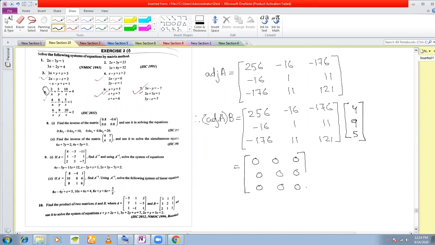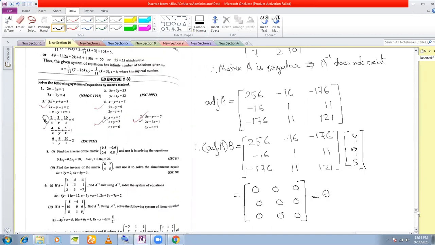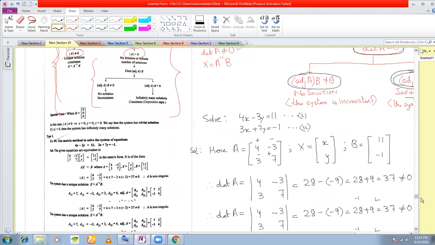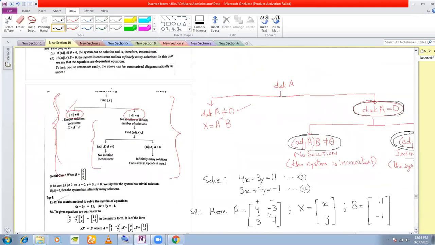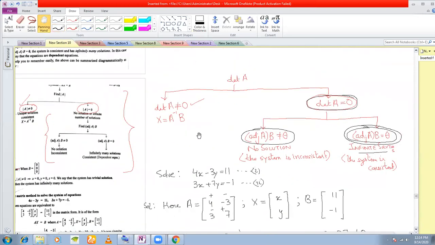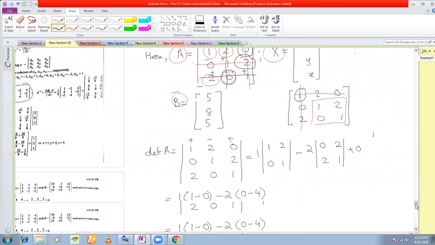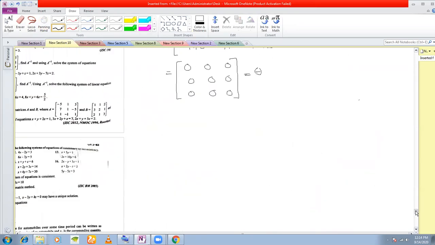So again we are back to that chart. We're getting adjoint of A into B is equal to 0. Adjoint of A into B, if it is equal to 0, then we say that the system has infinite solutions, and we say that the system is consistent.